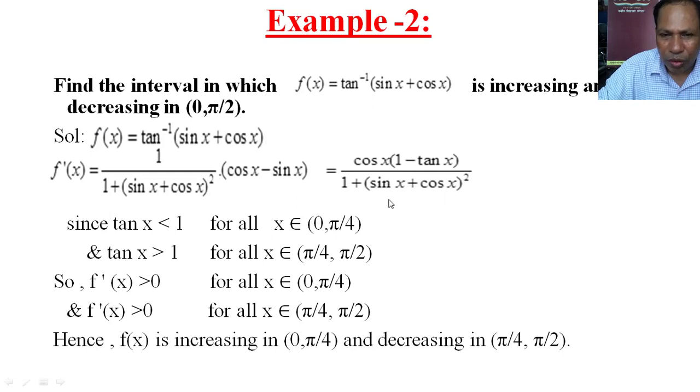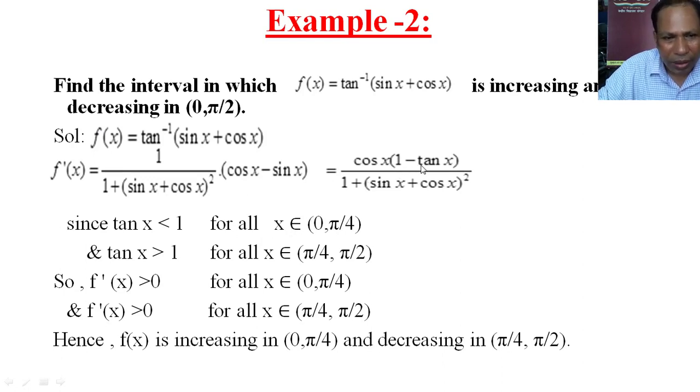That means the denominator is always positive. So the sign of f dash x will strictly depend upon the value of the numerator. Now we find that tan x is less than 1 for all values of x in the open interval 0 to pi by 4.